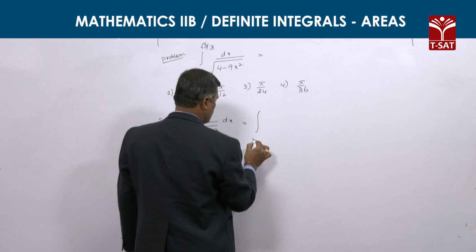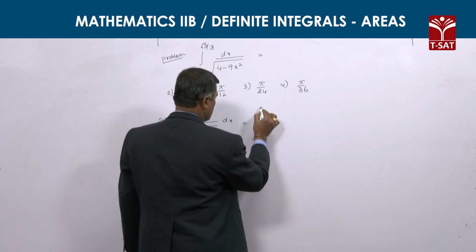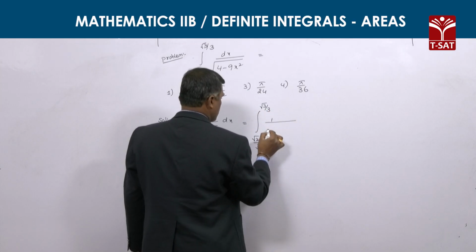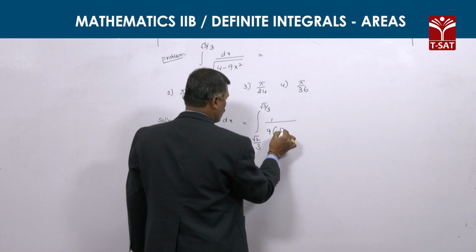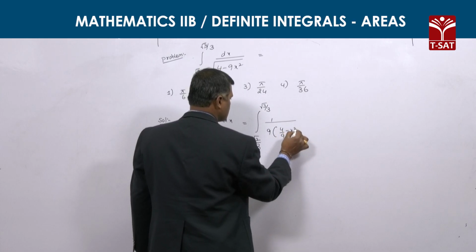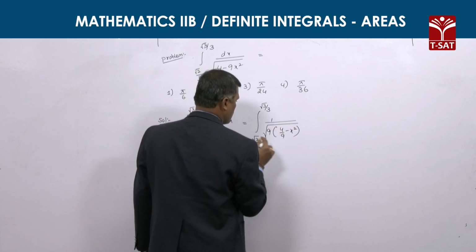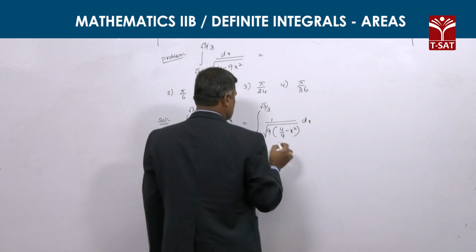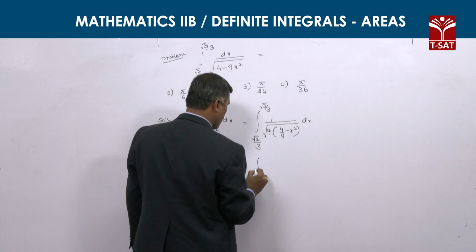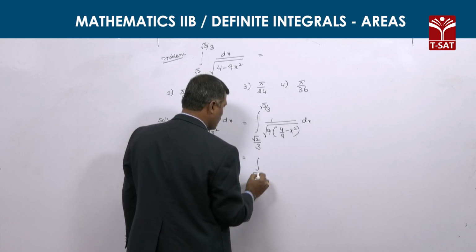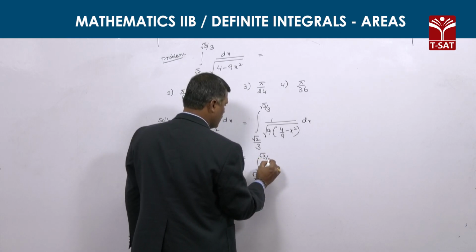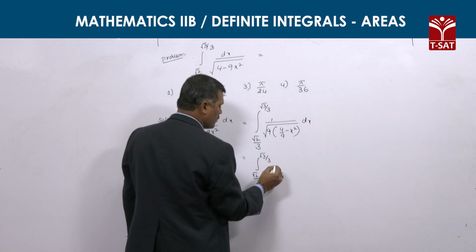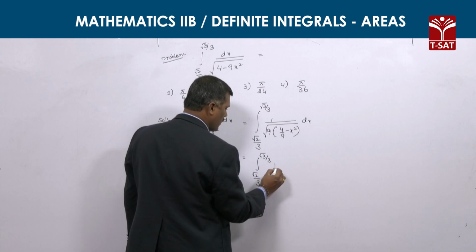Integral of root 2 by 3 to root 3 by 3, 1 by, take 9 common, root of 9 into (4 by 9 minus x square) dx. That equals the integral of 1 by root 9 into root of (4 by 9 minus x square), since root of a into b is root a into root b. 1 by root 9 is 1 by 3.